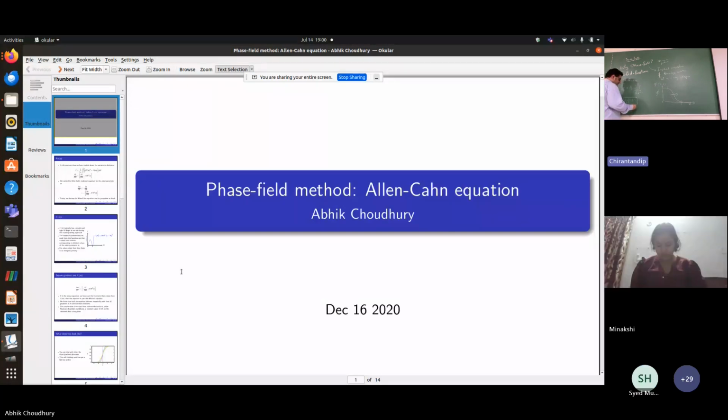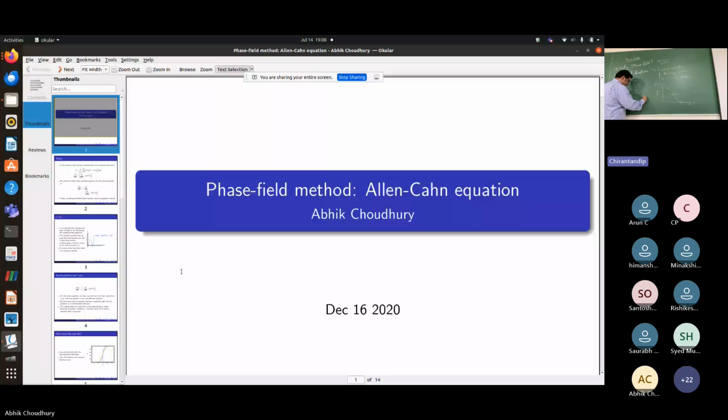So first we need to ask which is the higher temperature. Let's say T1 greater than T2. So how will the profile change? You'll start with a profile which is T1, right? How will this evolve with time?